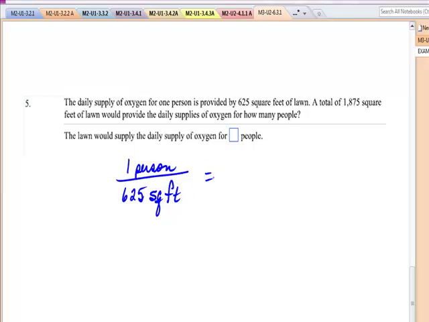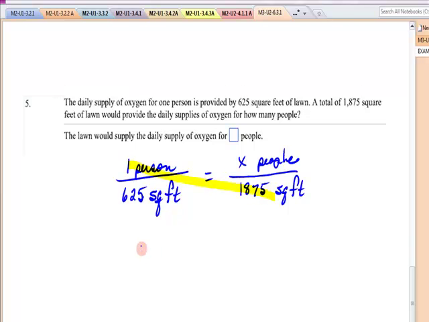It says a total of 1,875 square feet of lawn would provide the daily supplies of oxygen for how many people? So X is the people, and it is 1,875 square feet. And I know where to put these because I decided over here.